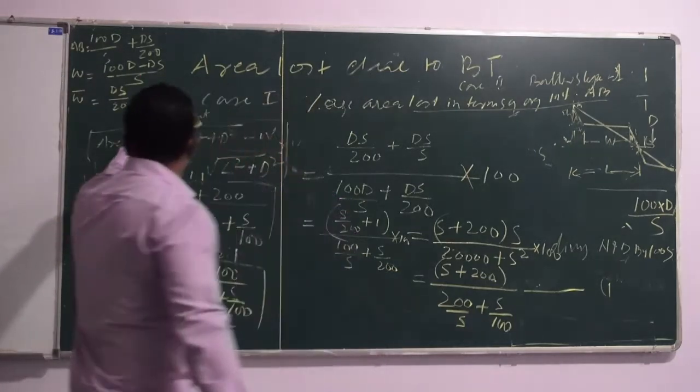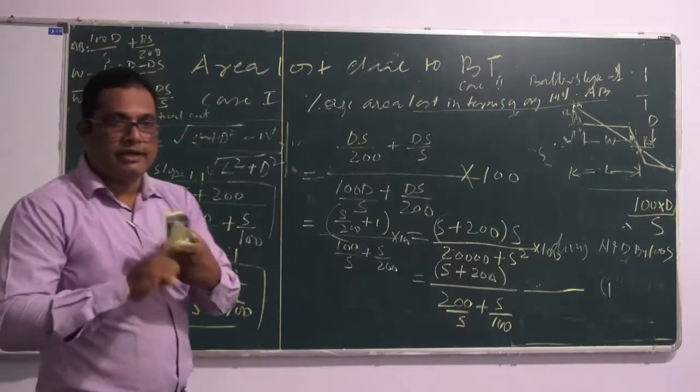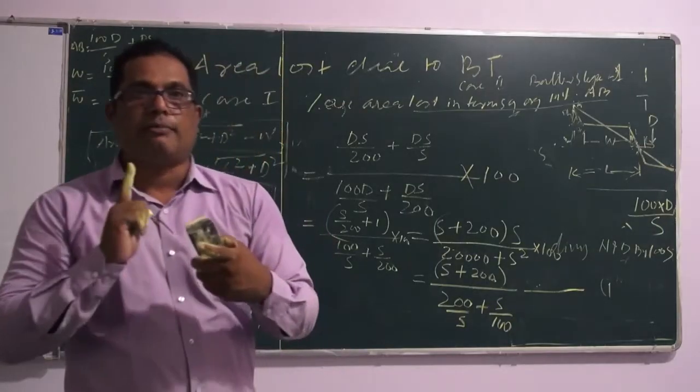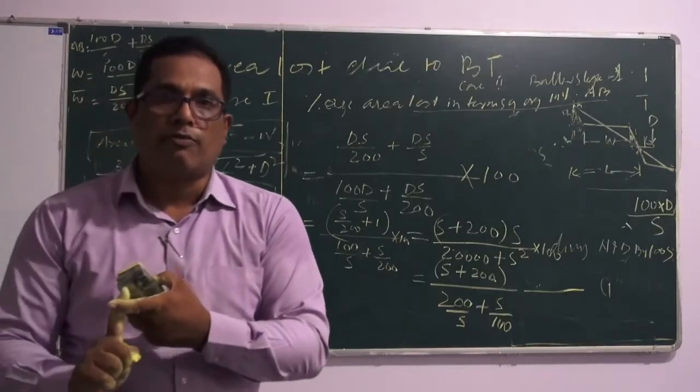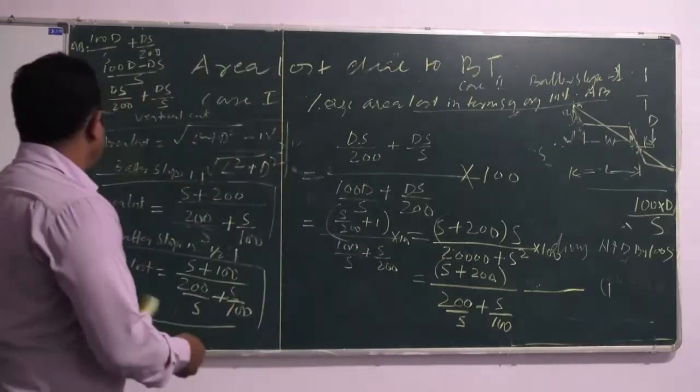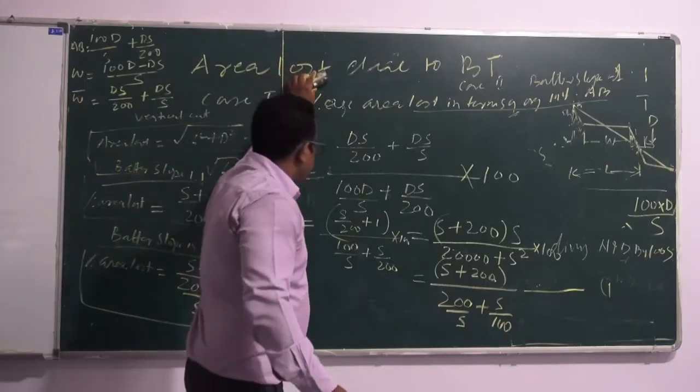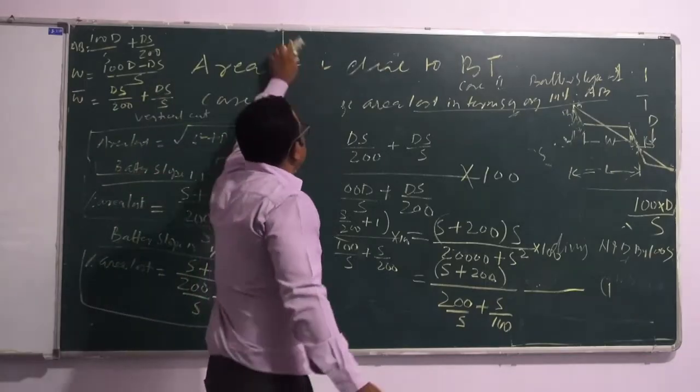So this is all about the area loss. First, in case of a vertical cut. Second, when the better slope is half 1 is to 1, and third, when the better slope is half is to 1. So what I am doing is I am going to erase it.